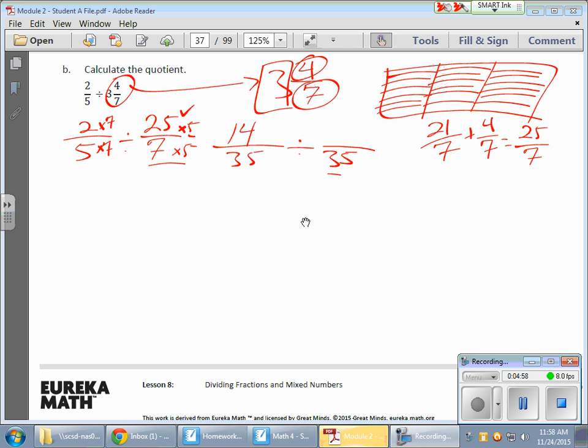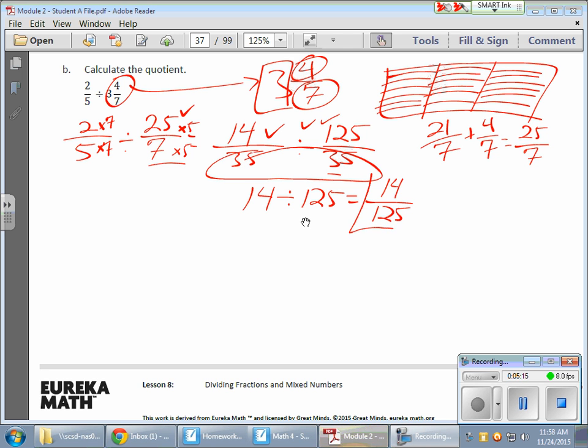And 25 times 5 gives me 125. And since my denominators are the same, I only have to divide my numerators. So 14 divided by 125 looks like 14 over 125. And there's my answer, and it's already simplified.